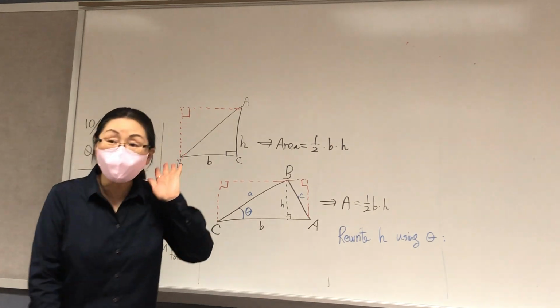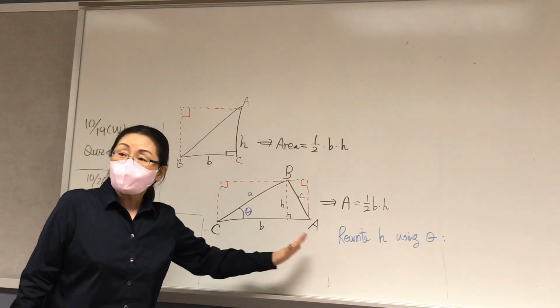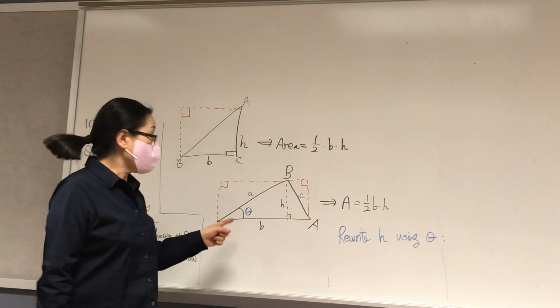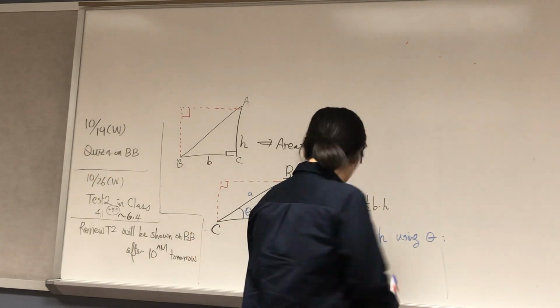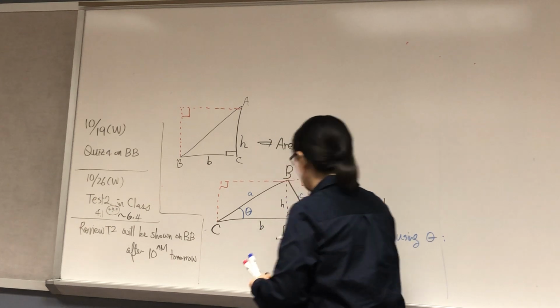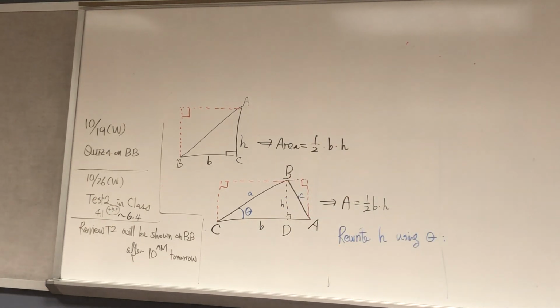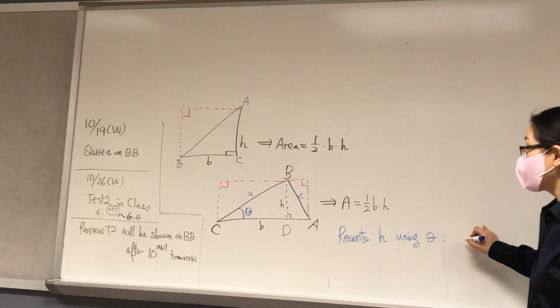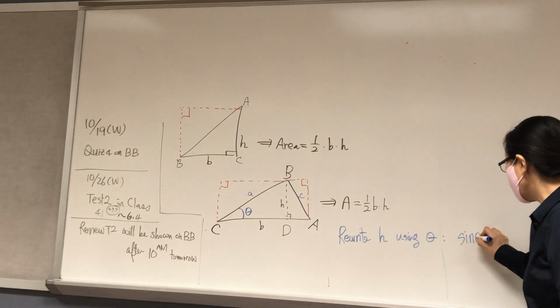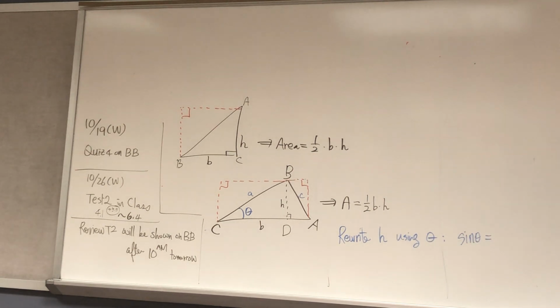Okay, so I know the three lengths are A, B, C, and one of the angles is theta. How do you measure H? Oh, this is D, of course. From trigonometry, how do you measure H? Using sine or cosine or tangent? Sine theta equals what?